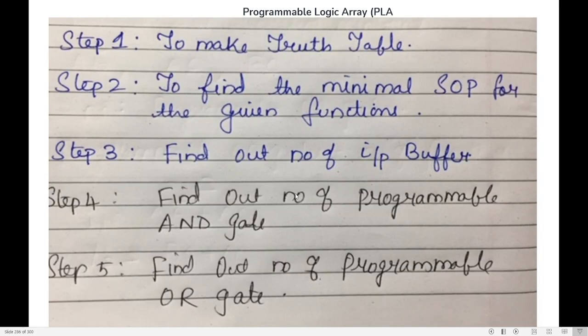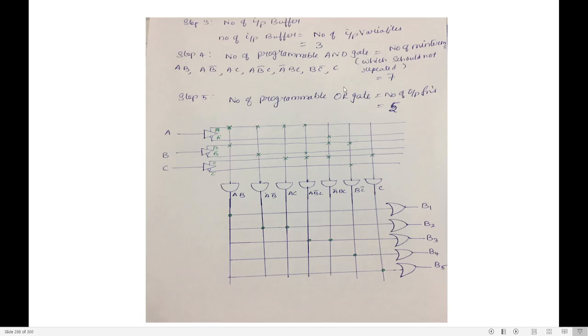Now what is the next step? I need to find out the number of programmable AND gates. So how will I find the number of programmable AND gates? Now see the minterms. Number of minterms: 1, 2, 3, 4, 5, 6 and 7. So there are 7 total minterms in all the functions. So the number of programmable AND gates is equal to the number of minterms, which is 7.